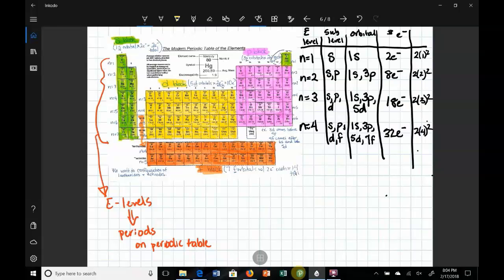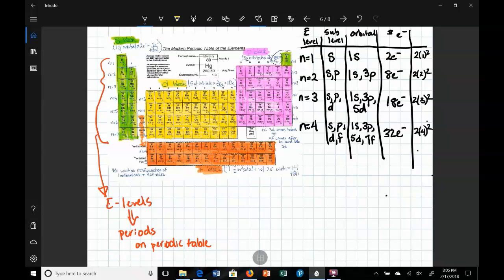Moving down the periodic table, notice we see here, energy level number 2, we've got 2 electrons in our S sublevel, and then we have 1, 2, 3, 4, 5, 6 electrons that can fit in our p sublevel. Notice that as the atomic number increases, that tells you that the number of protons increases. And because these are neutral atoms, the number of protons is going to be equal to the number of electrons.